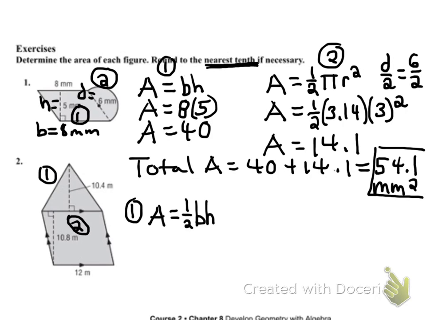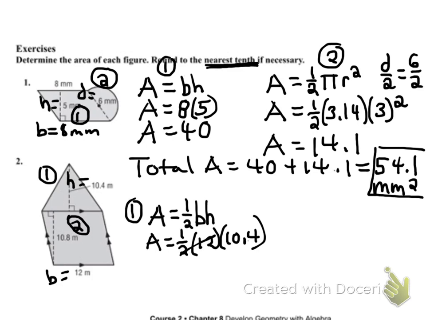Well, the base of this triangle is 12, and the height equals 10.4. So we'll put that in to our equation. 12 times 10.4.